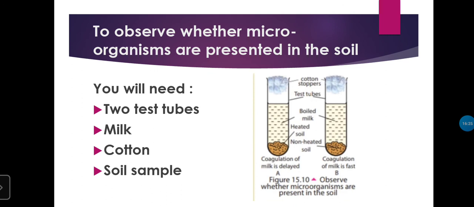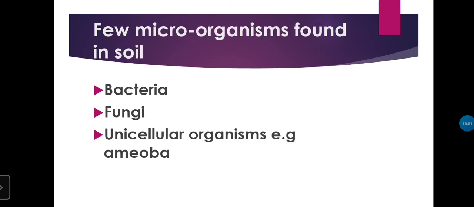And in test tube B, we can see the coagulation of milk is fast because non-heated soil has microorganisms. Because of the microorganisms, the milk is coagulating very fast. That is what we observe here. The conclusion is soil has microorganisms too.